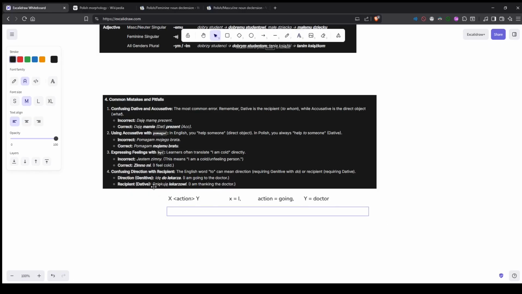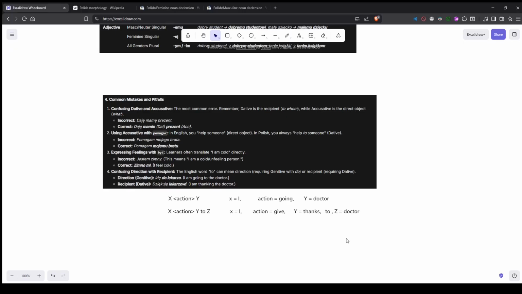But in the case of being a recipient, so I am thanking the doctor, it is again: I give thanks, or like give, okay, let's do it like this. Give, Y would be thanks to the doctor. So I give thanks to the doctor.